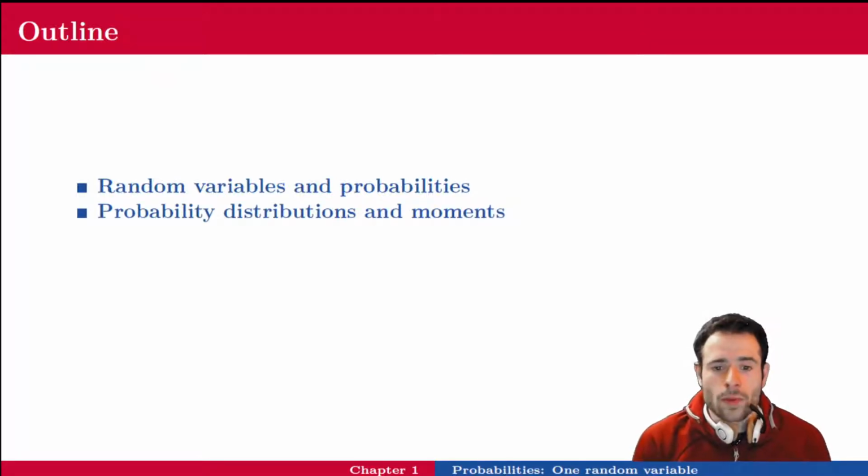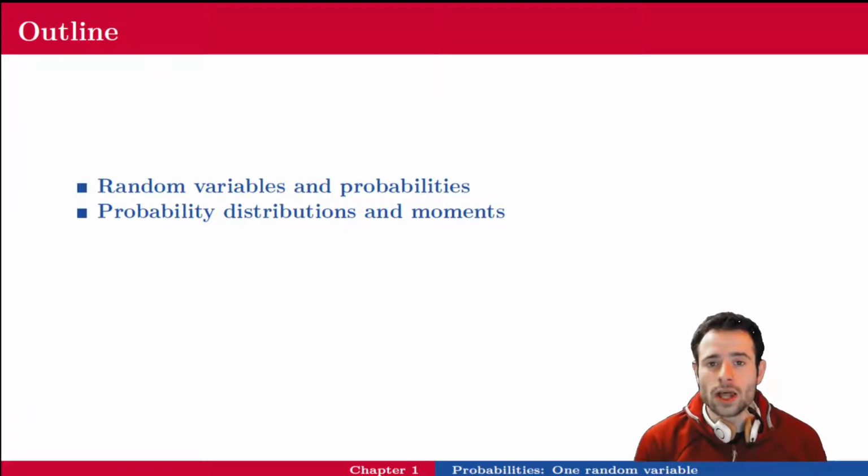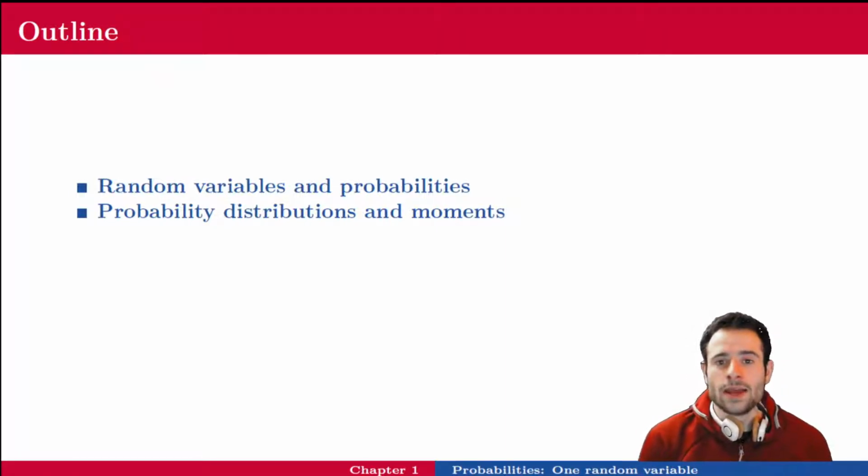Then I will talk about probability distributions and moments. So I will talk about how we express a probability, how we compute a probability, as well as how we compute relevant measures related to probability, something like expectation, variance, and later we'll talk about covariance, correlation, and so on.